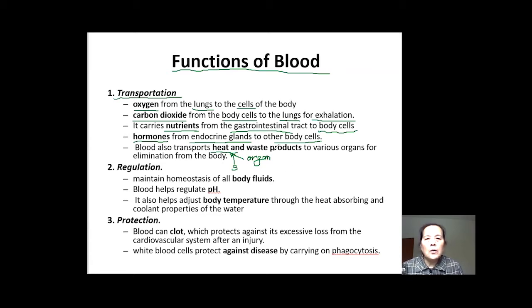And the blood also transmits some waste products. Carbon dioxide is just one of them. We also have some other waste products during our metabolism. We still need to relieve them, like through the urine. So how are they transported? By the blood. So that's basically the transport functions.